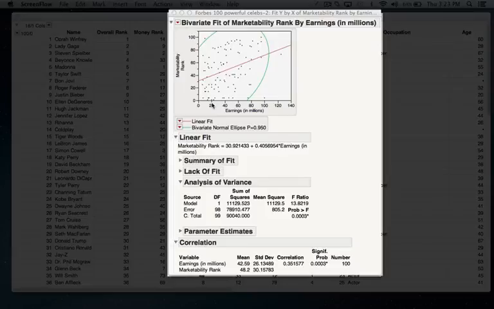But that's not necessarily what you think it means. The low numbers, let's say from 0 to 40, that is a very good thing. They are very marketable to the public. Celebrities with a high marketability rank are less marketable to the public. So that's a tiny bit confusing, but celebrities with a higher income are less marketable to the public, and celebrities with a lower income are more marketable to the public. That's what the correlation shows.